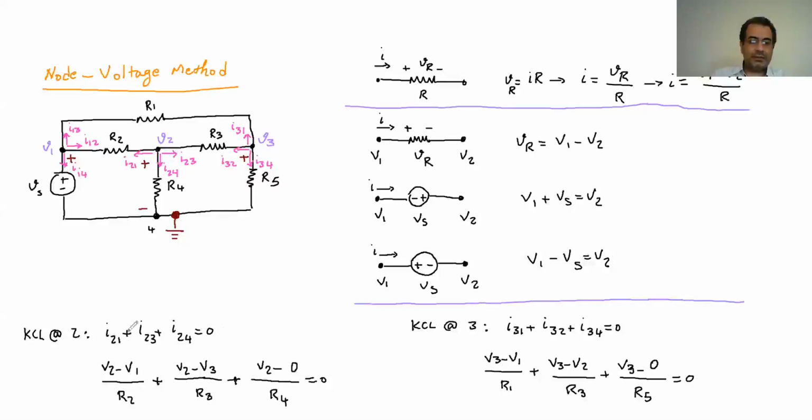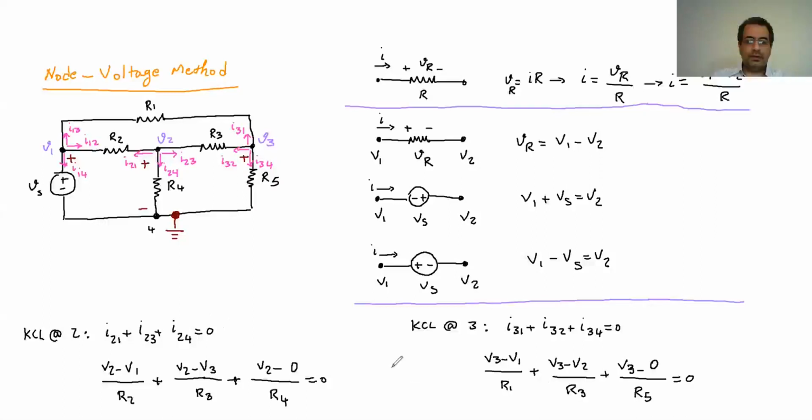And then replace each current with the Ohm's law equivalent that we have here. Then you are going to have a bunch of equations that have only V in them, and you have to solve all these equations together.